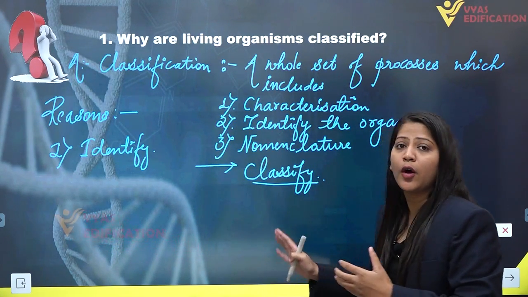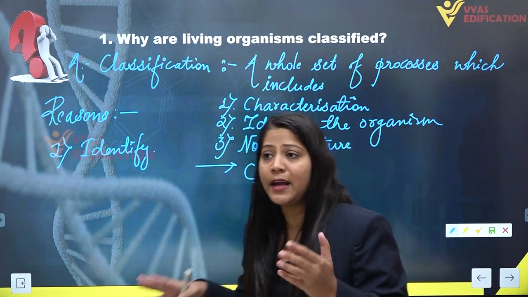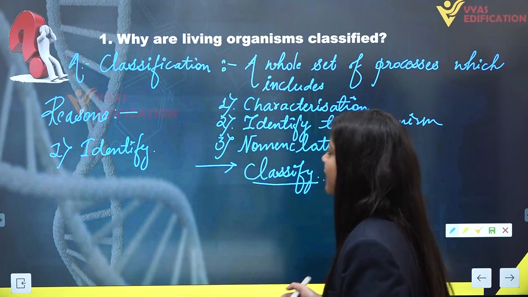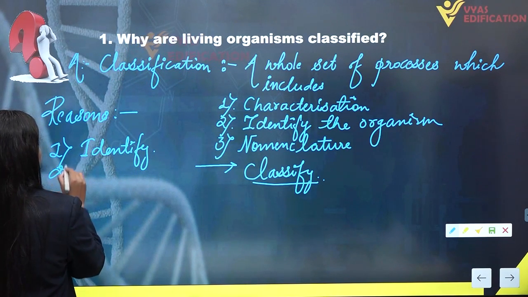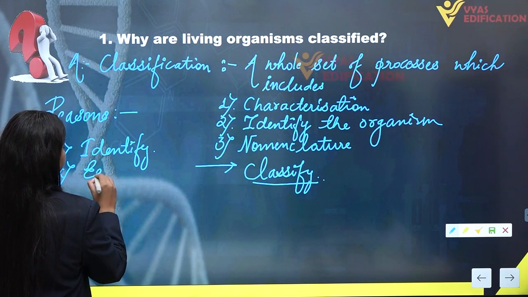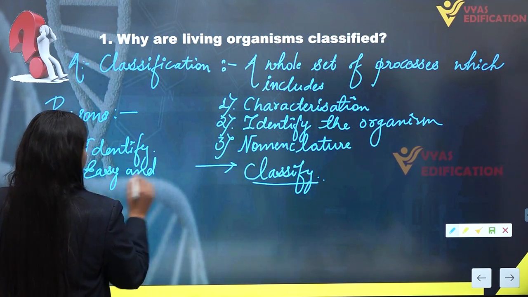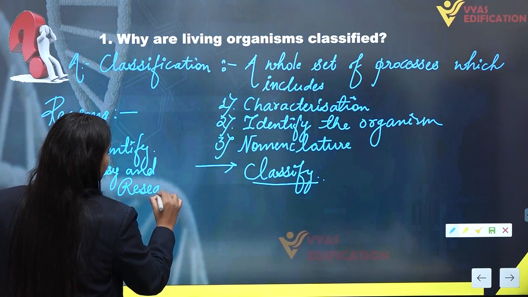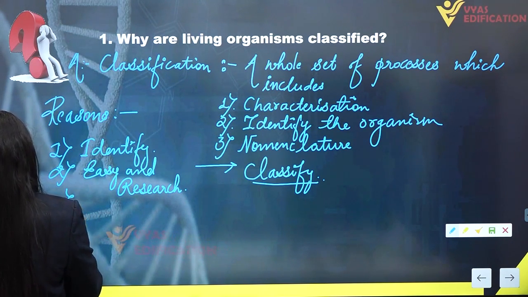They classify the organism to make our study easy and convenient, and also it helps in research. So first is identification, and second is to make study easy and convenient, and also it helps in research.